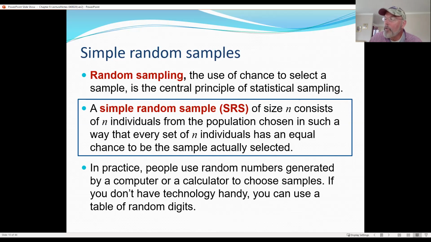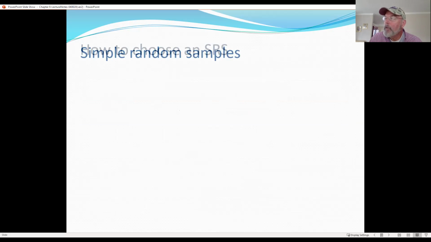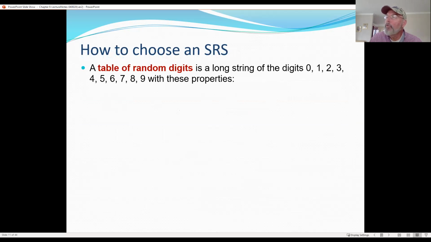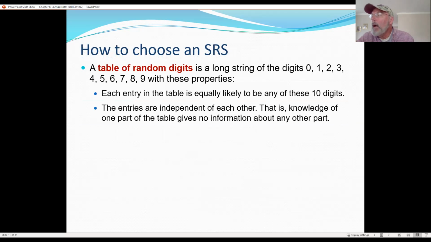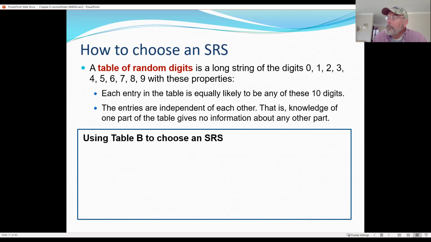So we went through this table, how to do this, and one of the things that go along with this is a random digit table. Of course, we have 0 to 9, so each digit is part of the table, and each one is equally likely to be selected.